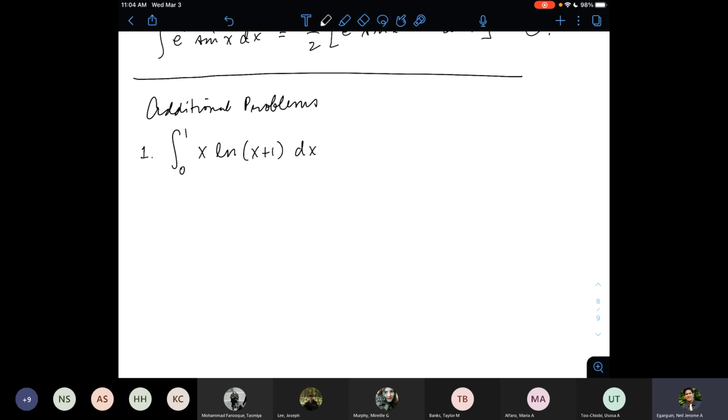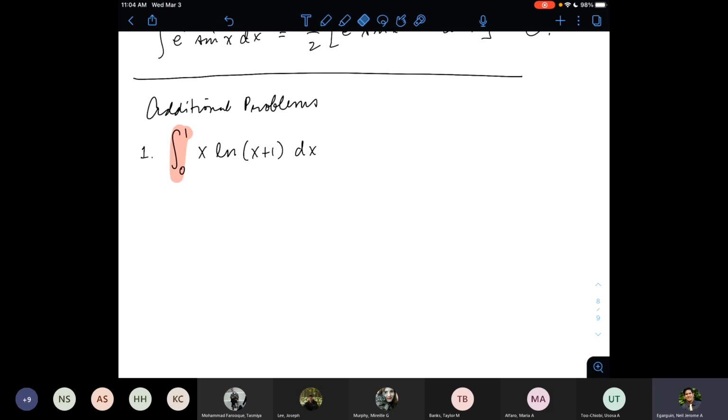Another complication for this problem is that we're computing a definite integral. It might be very messy if we keep track of those changes in the bounds of integration, because remember, once you change the variables, you need to change the bounds.